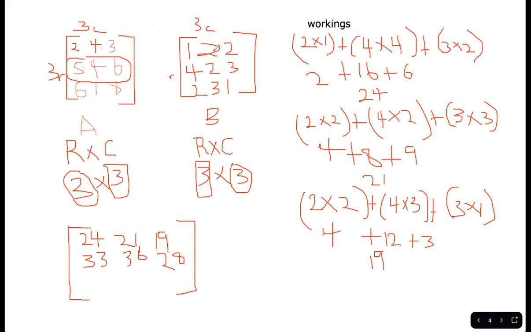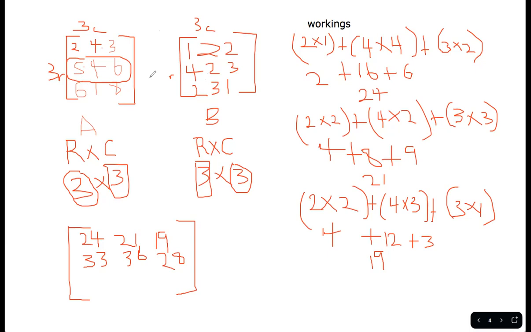I also use it to multiply the whole thing here. So that one is 6 times 1 plus 1 times 4 plus 8 times 2, because I'm using the last row here to multiply the first column.